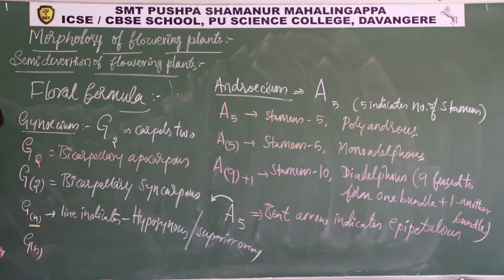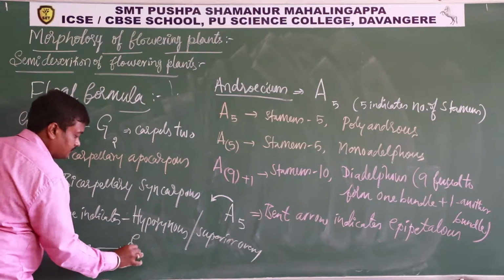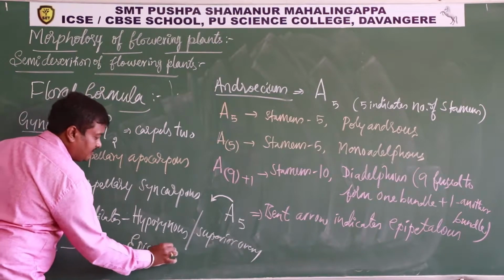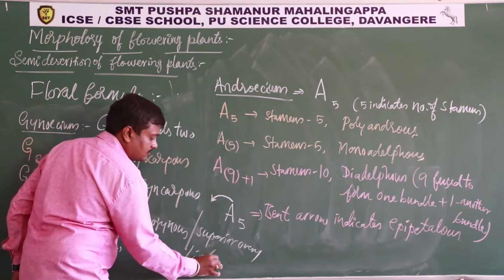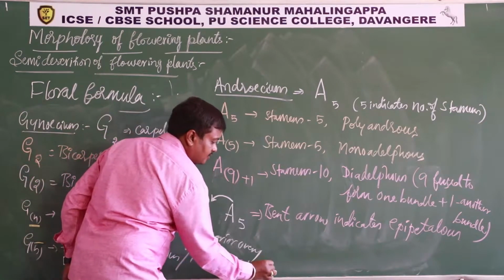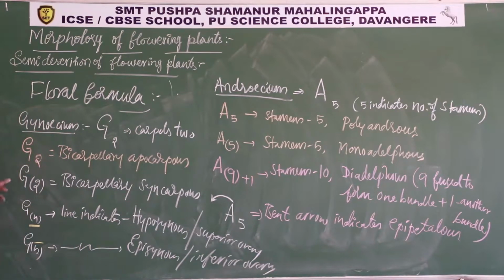If you write G with a number and put a line above it, it indicates epigynous, or inferior ovary. So just the number means apocarpous; if a line is put above, it is inferior ovary, and if a line is put below, it is superior ovary. The line below the number indicates superior ovary, the line above the number indicates inferior ovary, or epigynous. Okay, so this is how you need to write the floral formula.